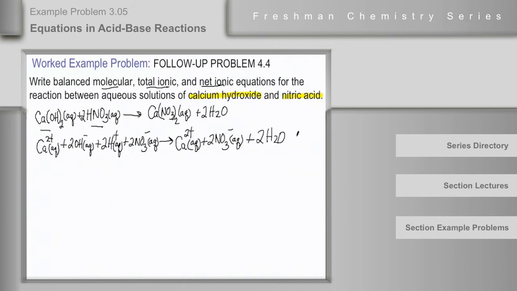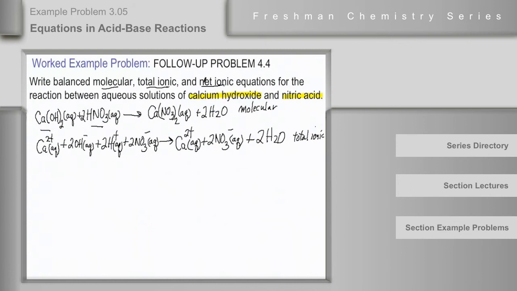This is the total ionic equation, and we can compare that with the molecular equation. We start with the molecular equation to see the formulas of the reactants and the products. We allow each formula to dissociate as it would in water to form the ions that appear in the total ionic equation.